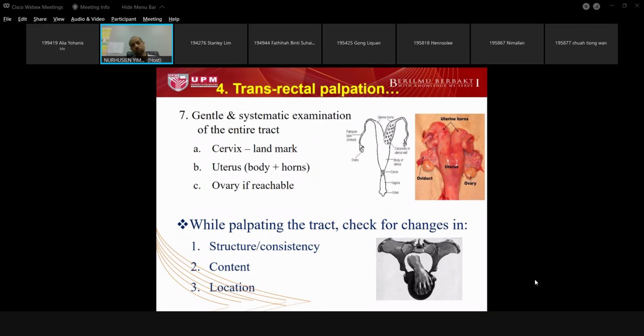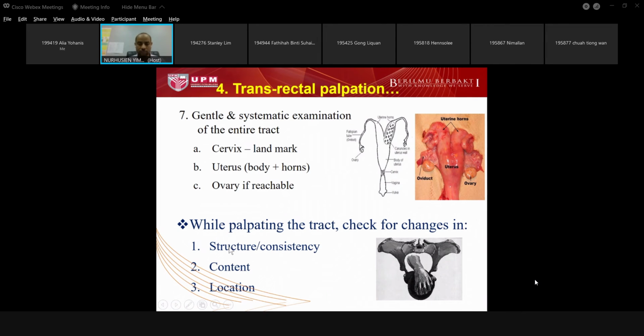As a general point, while you are palpating all along the way from the cervix up to the ovary, what information are you looking for in order to make a good diagnosis? The information that you are expected to gather can be categorized into three different categories.